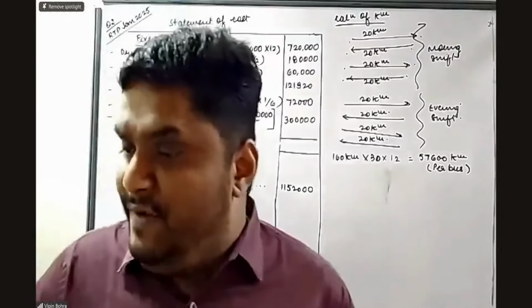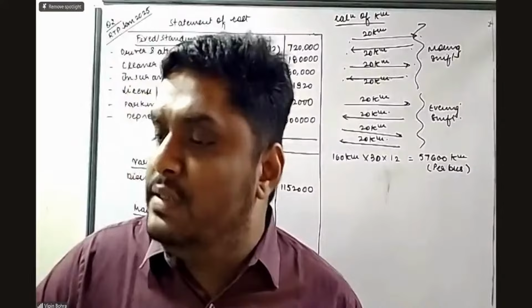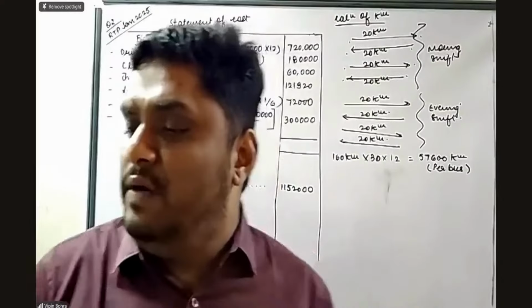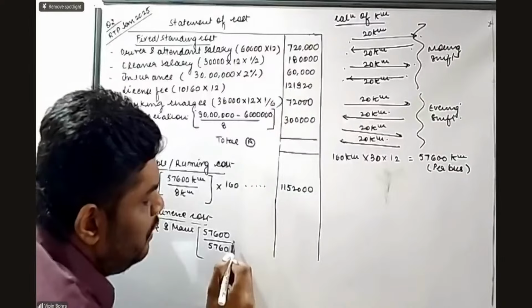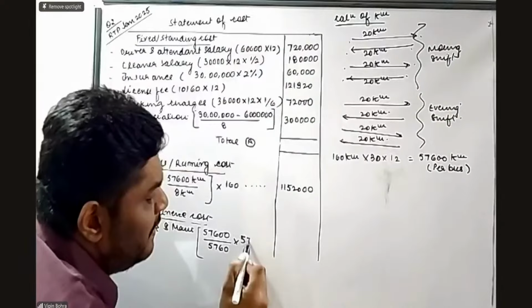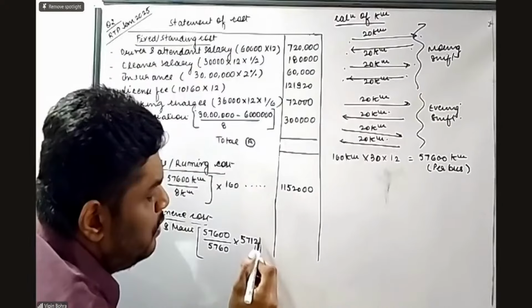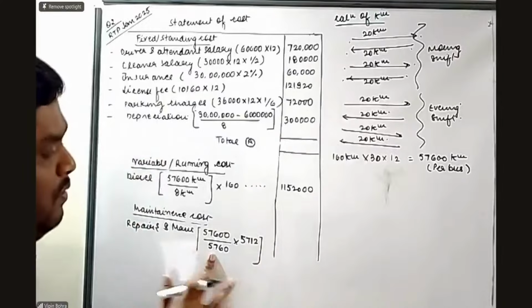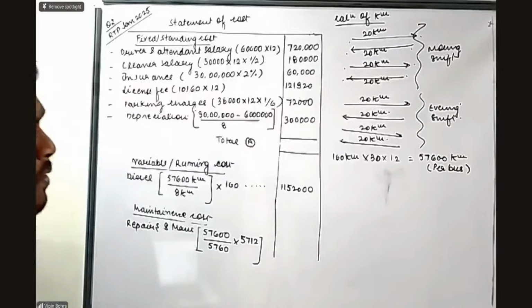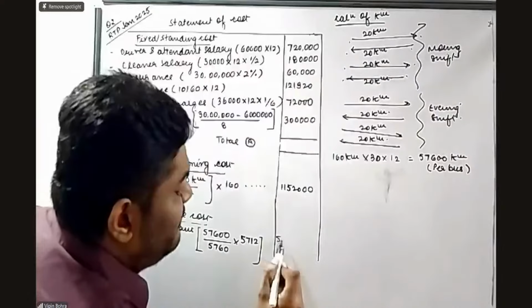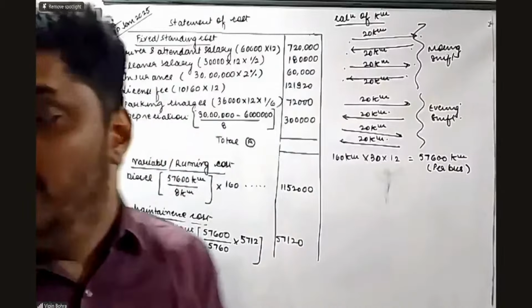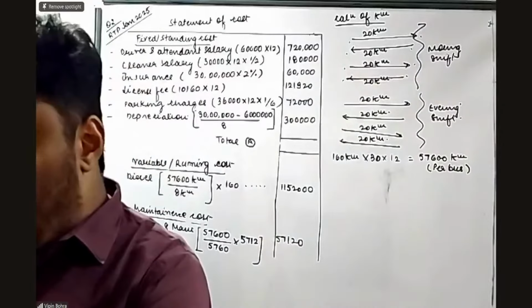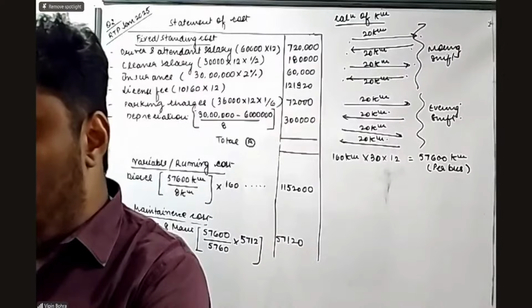And for every 5760 kilometers, the repair cost is 5712. So the cost will be 57,120. So I think I have covered all the cost now.